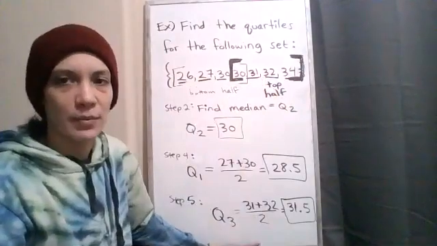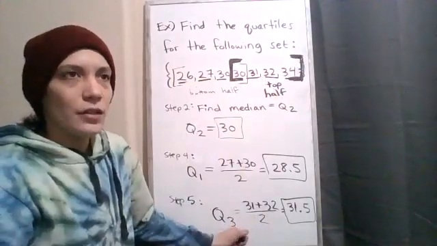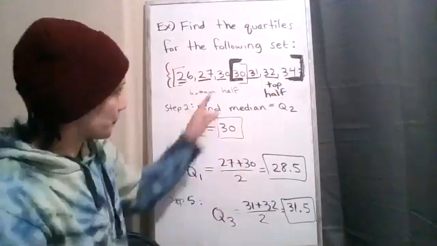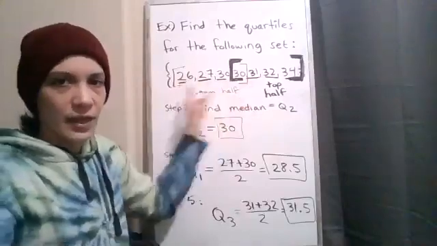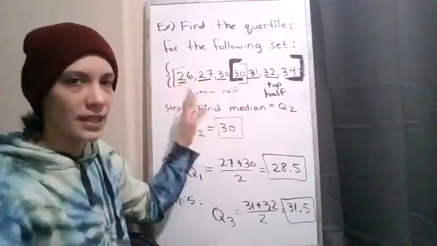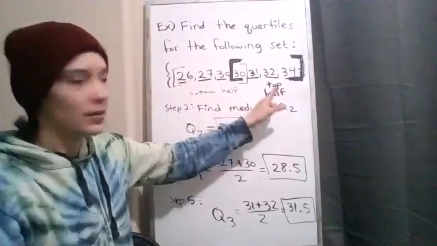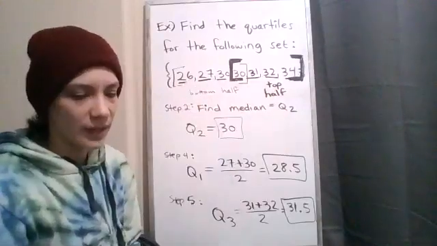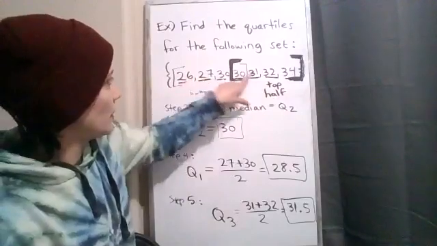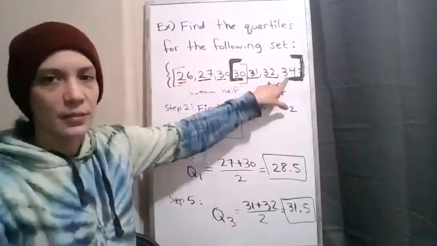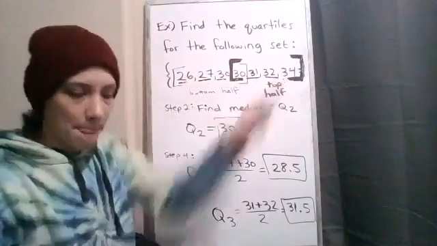How do you determine the top and bottom half? I think that just to make sure I find the right halves, I count how many elements I have and see if it's an even number or odd number. So 1, 2, 3, 4, 5, 6, 7. It was an odd number of elements with 7 total.